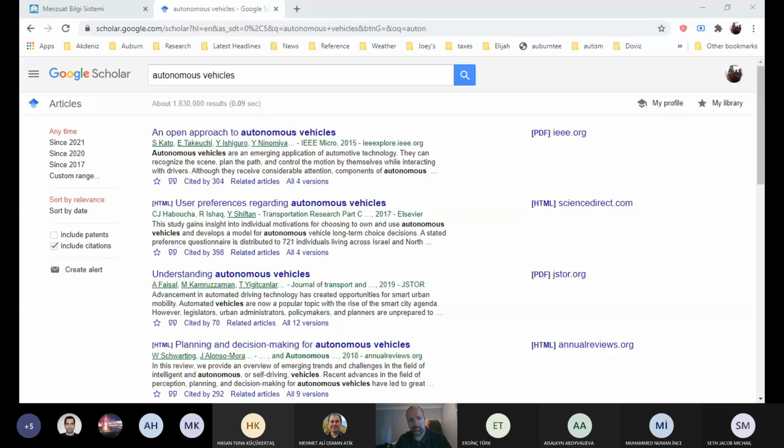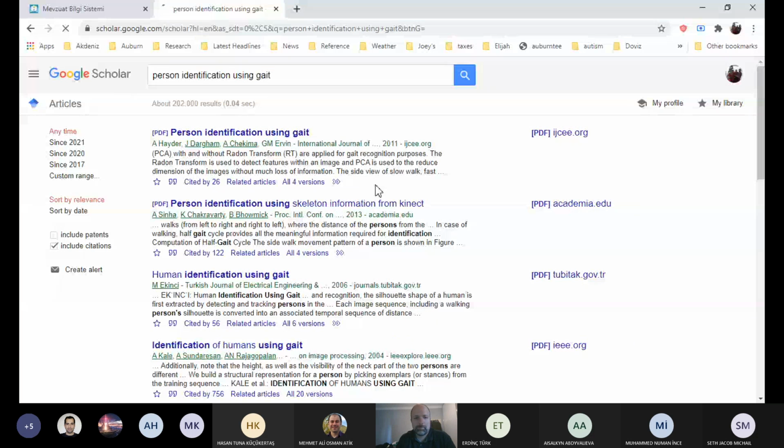Person identification using gait. You mean use that as a search term, Derek? This right here. I'm assuming this is what you meant. Right? And you can see what comes back.